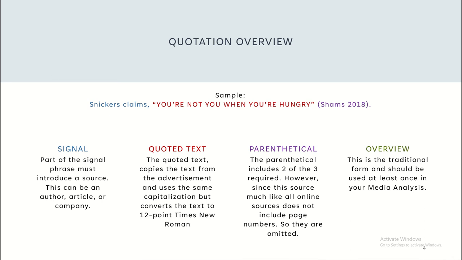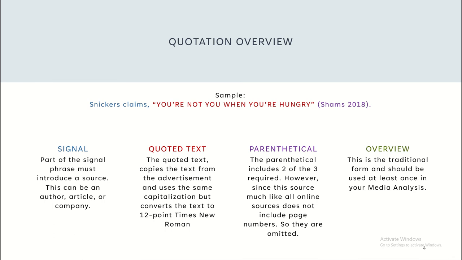He's the one who photographed that, and so he's giving authorship credit in this case. But you'll see that all parts are present. The signal phrase says Snickers claims, comma, that's all part of the signal, and then we're going to get to the quoted text, right? It says, "You're not you when you're hungry."